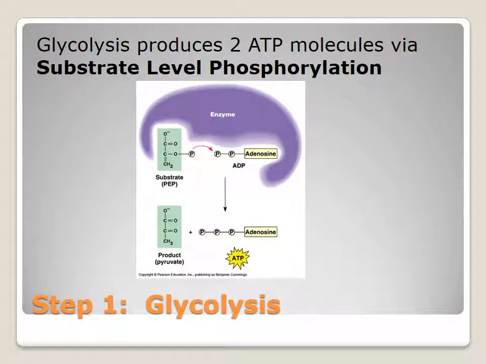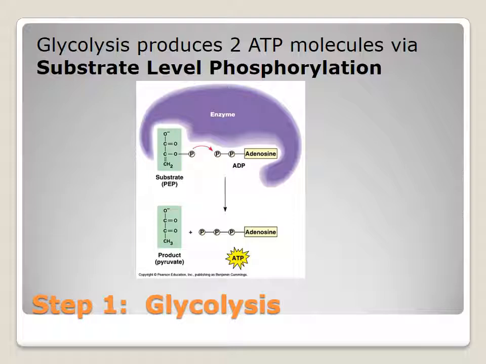In this process, you're going to produce ATP through substrate level phosphorylation. What is substrate level phosphorylation? Even better, what is phosphorylation? Taking a phosphate from another molecule. Yeah, pretty much phosphorylation is adding a phosphate. Now, substrate level phosphorylation, when you think substrate, what do you think of? Enzymes.